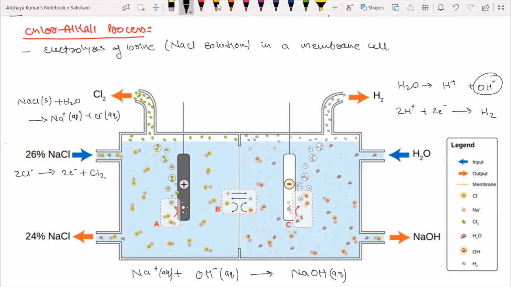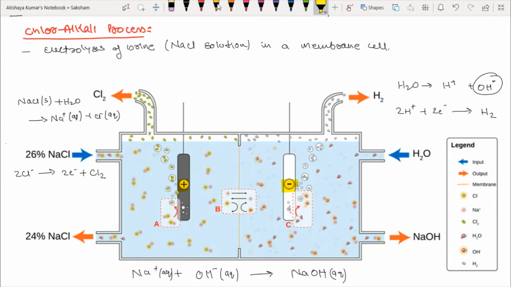Let me repeat what is happening in this chamber. Basically we have two electrodes, the positively charged electrode and the negatively charged electrode. At the positively charged electrode, negatively charged ions will be attracted, and at the negatively charged electrode, positively charged ions will get attracted.